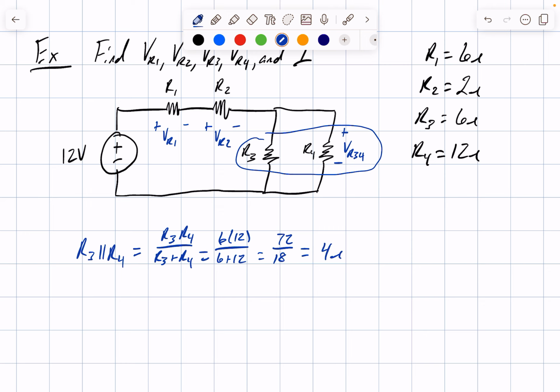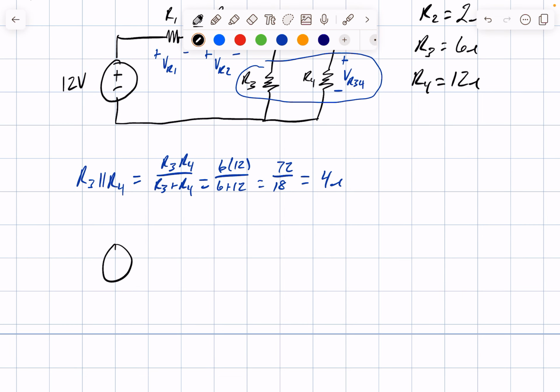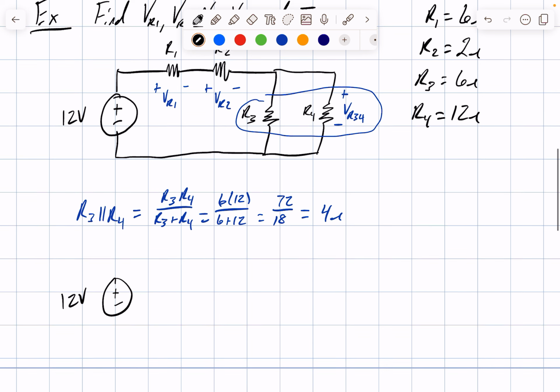Okay, and we can redraw our circuit here. The voltage source will stay the same at 12 volts, and our two resistors on top, R1 and R2, will also stay the same because we haven't done anything with those. We will have just one resistor on the side now because we combined resistors 3 and 4 into 1.